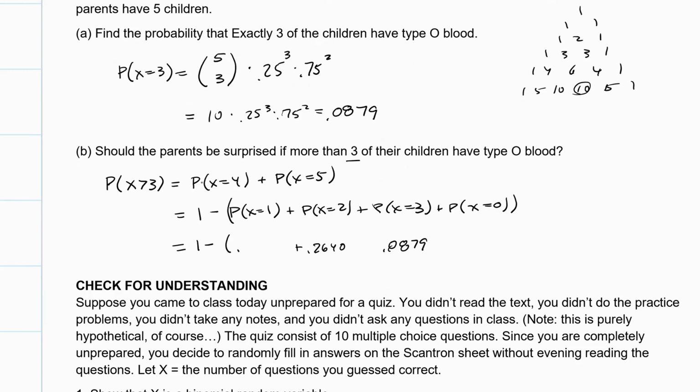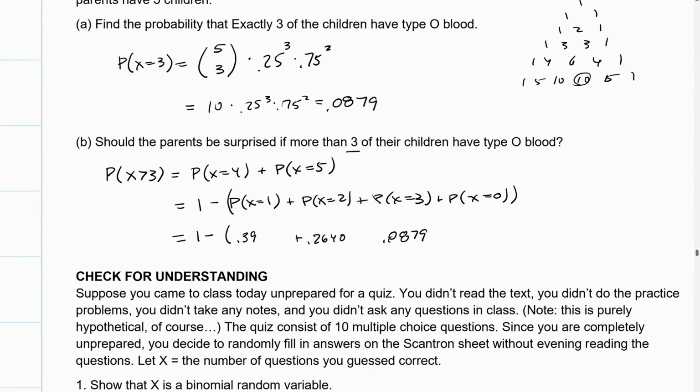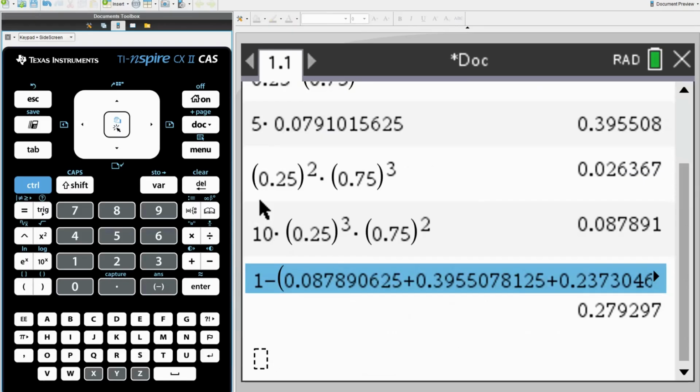Exactly 1 was 0.3955. And then that last one, 0.2373.